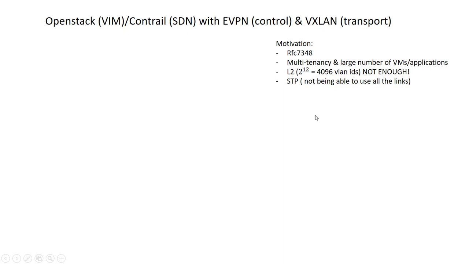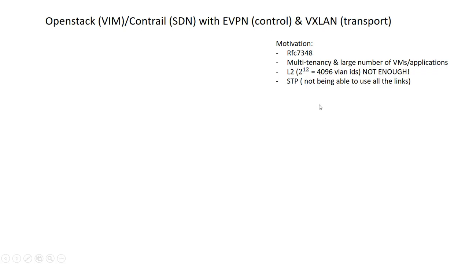The way we previously might have segregated customers or applications into VLANs, this number, which is hard-coded into the VLAN protocol, is not enough anymore. 4096 VLAN IDs is just not enough. Once we have a large number of customers in the data center that are all using VMs, so their servers are virtualized, very soon this number gets exhausted.